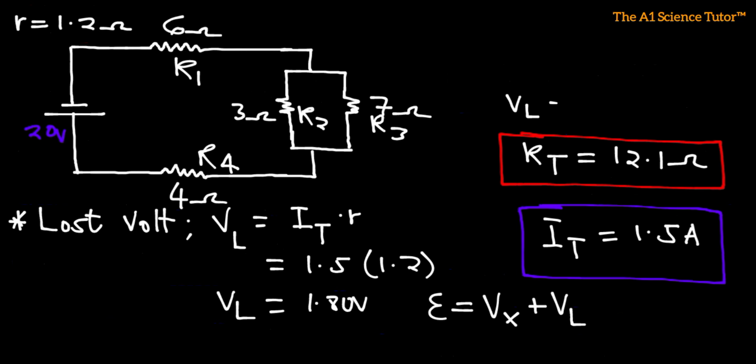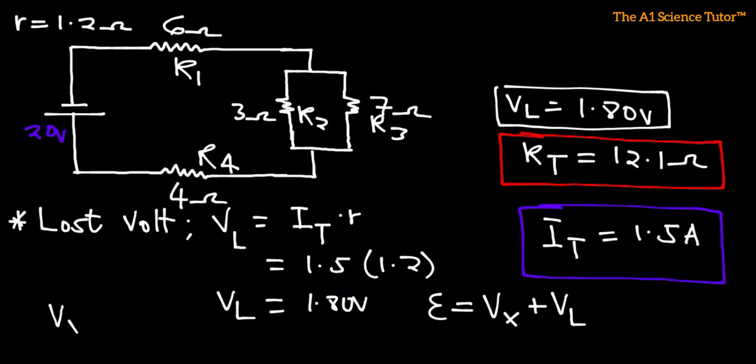VL, which is the loss volt, is 1.80. Now we know that Vx is therefore going to be E minus V sub L.